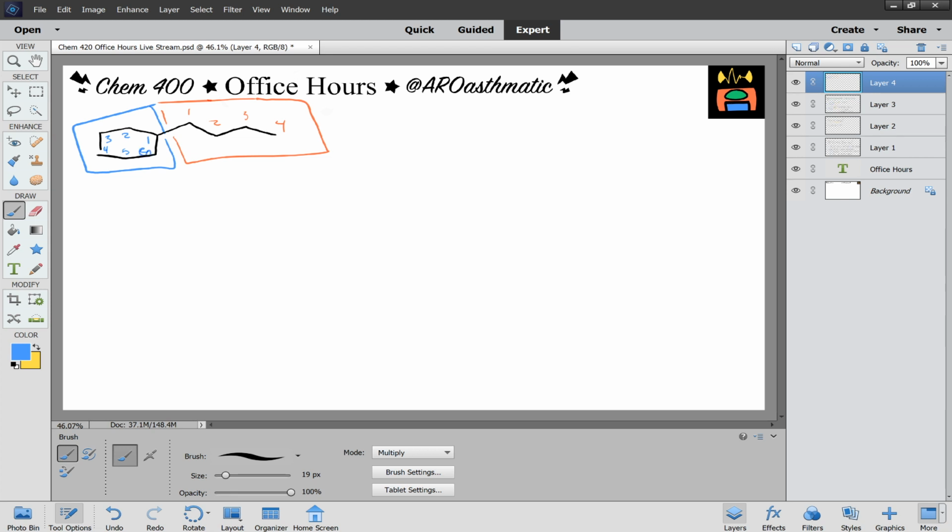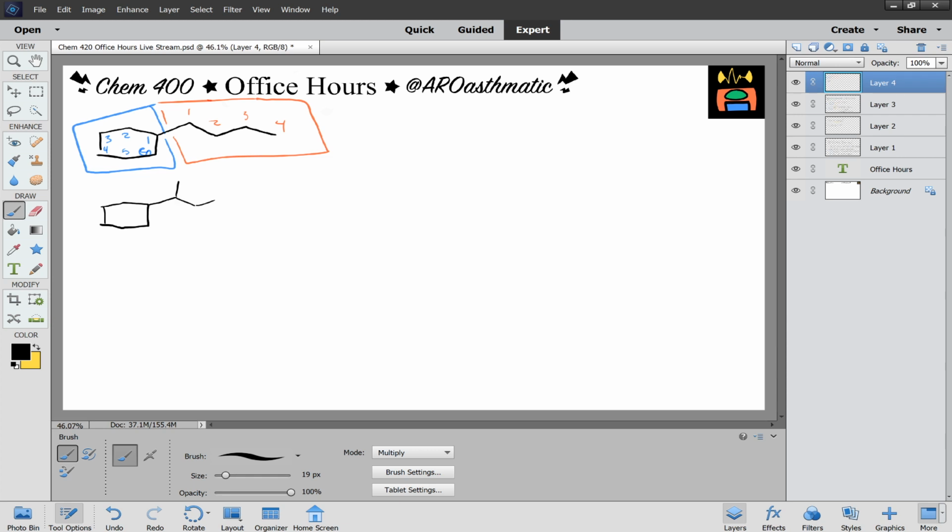Here, we have a 4-carbon side chain. Before I name it, I'm going to draw a couple more. This is not the only type of butyl side chain.